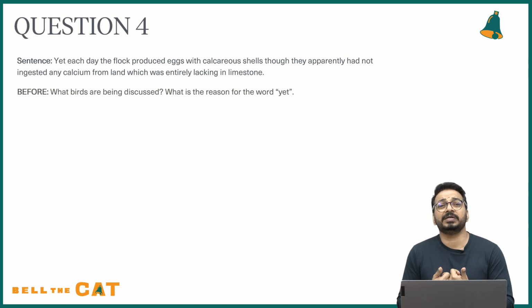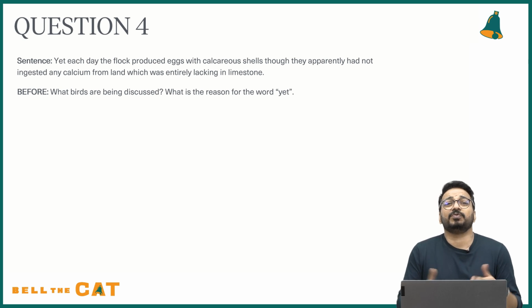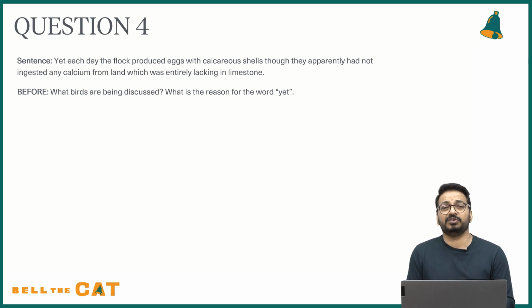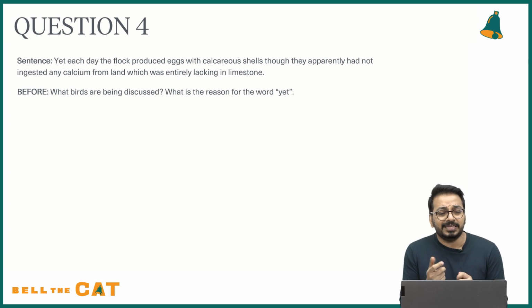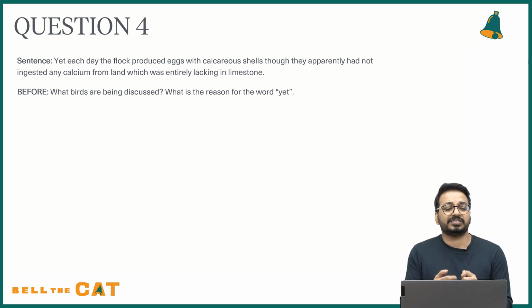Definitely what birds are being talked about here, that should be there, as to what flocks are we looking at, right? Next part is they're saying, yet each day. That means something is happening despite something else, right?